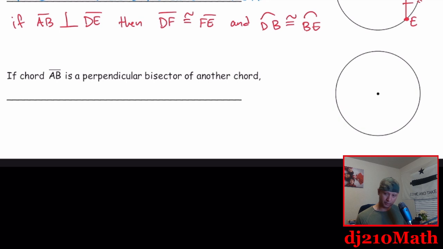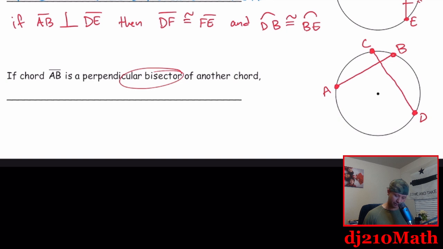All right. If chord AB is a perpendicular bisector of another chord, let's see what this is talking about. We have a random chord AB, and it is perpendicular to another chord, let's call it CD. So here we have two chords that are perpendicular. Oh, wait, it says perpendicular bisector. Okay, that's not going to work.